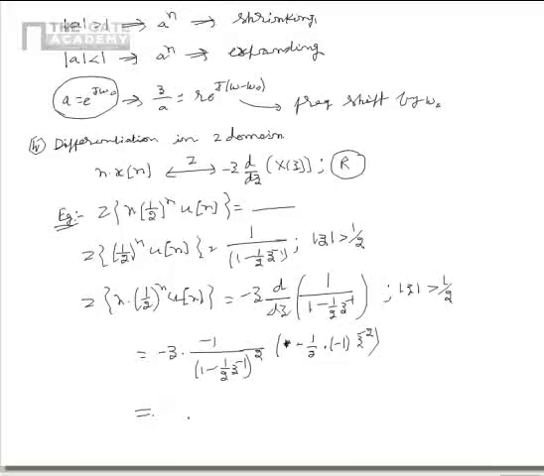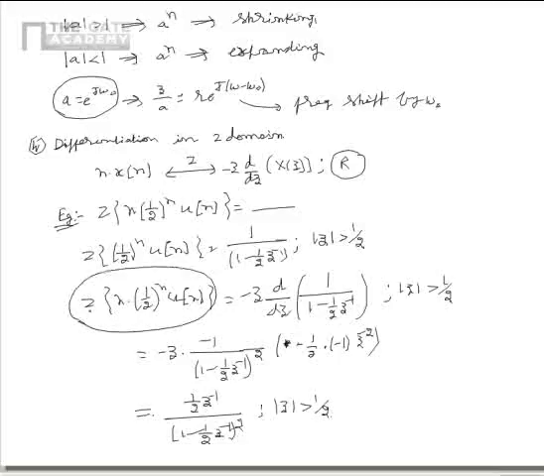This upon simplification becomes half z inverse divided by 1 minus half z inverse whole square with ROC as mod z greater than half. From this we see that z transform of n into 1 by 2 whole power n u of n is equal to half z inverse divided by 1 minus half z inverse whole square with ROC as mod z greater than half.